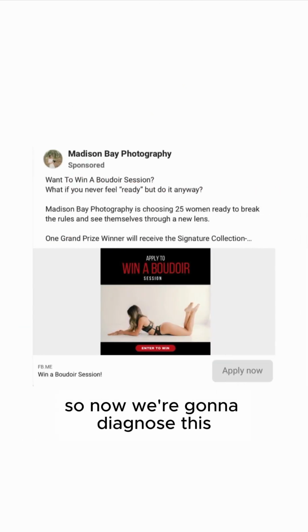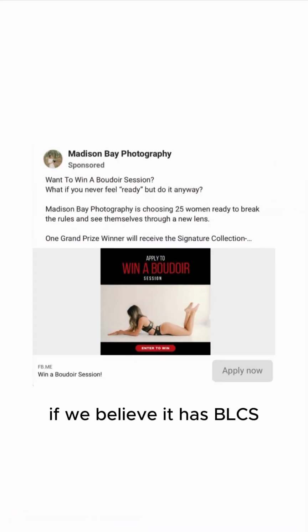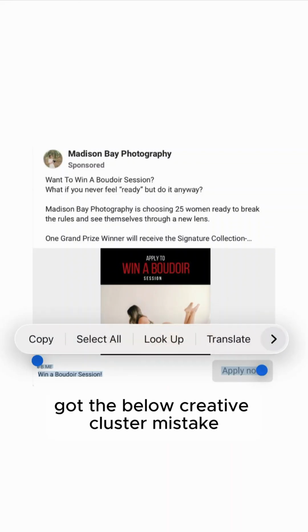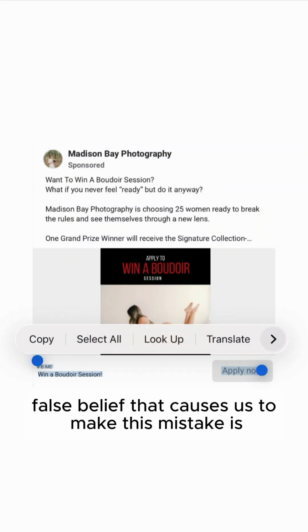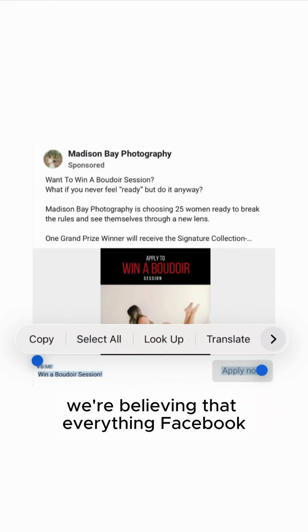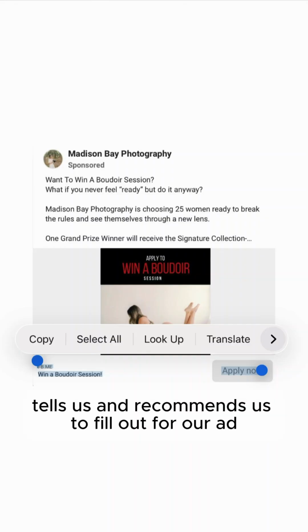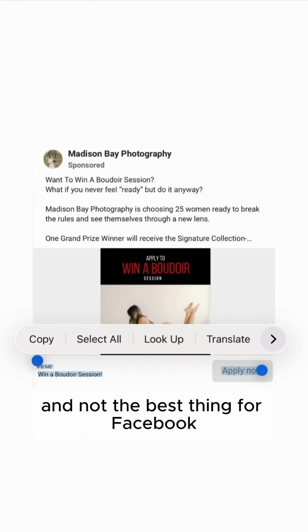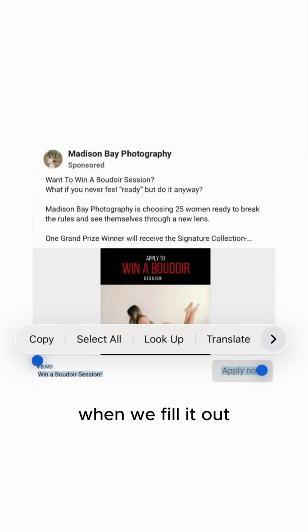All right, so now we're going to diagnose this if we believe it has BLCS, Boudoir-Low-Click syndrome. First thing I'm seeing, got the below creative cluster mistake. The false belief that caused us to make this mistake is we're believing that everything Facebook tells us or recommends us to fill out for our ad is the best thing for us to fill out, and not the best thing for Facebook when we fill it out.